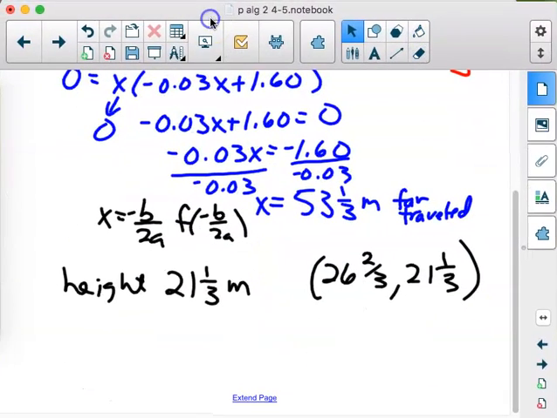So our objective today was to find the zeros using the graphing calculator. We did that so we could use it to check our math that we did with factoring. And then for the word problems, because of the way these were set up, we actually could just do them by finding the zeros using algebra and factoring. We wouldn't necessarily have to use the calculator if we didn't want to. But here's what I usually find.